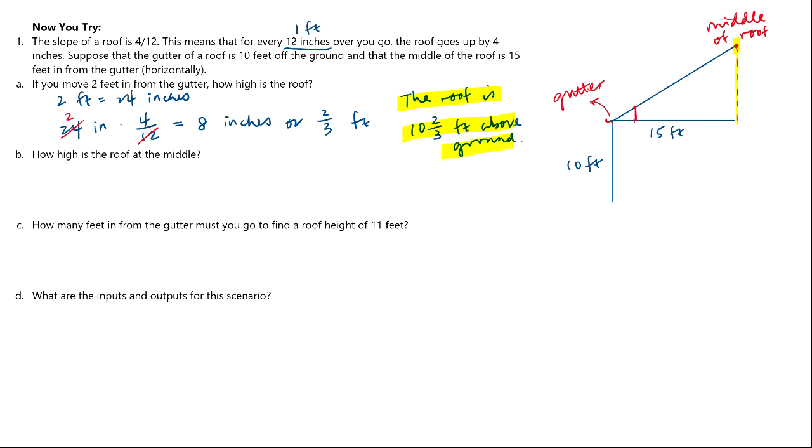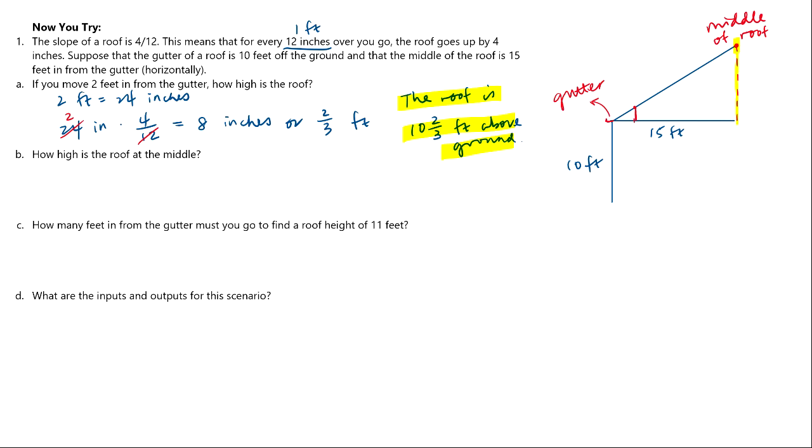So we can do the same thing and do the 15 feet over here. And this is where I would suggest using feet instead of inches, just so you can work with smaller numbers. And to interpret this, we can say with a slope being 4 over 12, that means every foot over we go, the roof goes up by 4 inches, or a third of a foot over here.